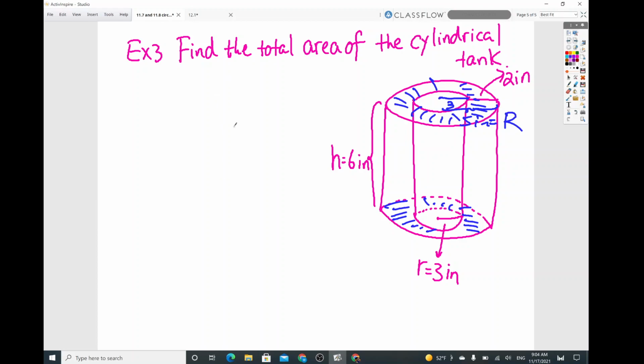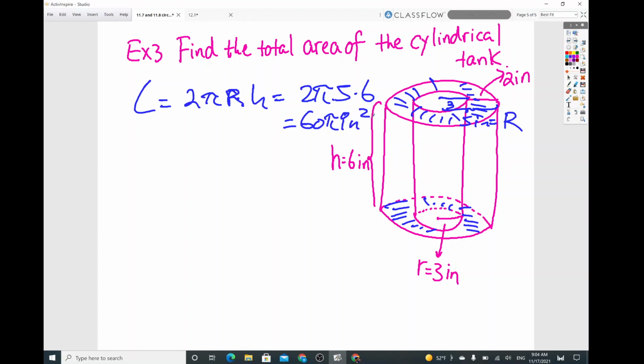Okay, so let's just set up the steps right here. Let's find the lateral area of the outer cylinder. That would be 2 pi times capital R times h. So 2 pi times 5 times h, which is 6. So that'll be 60 pi square inches. And then get the lateral area of the inner cylinder.